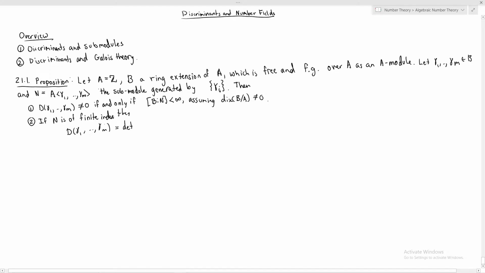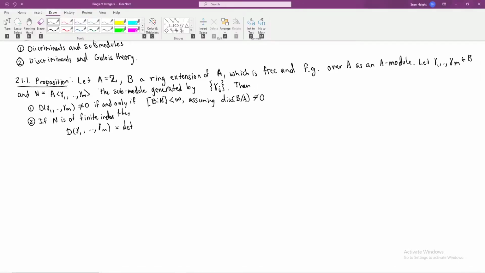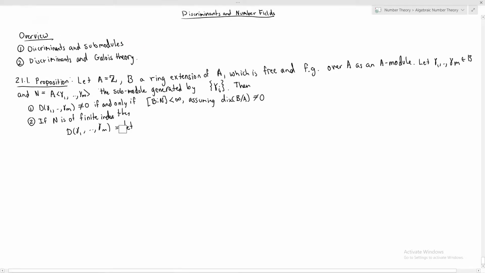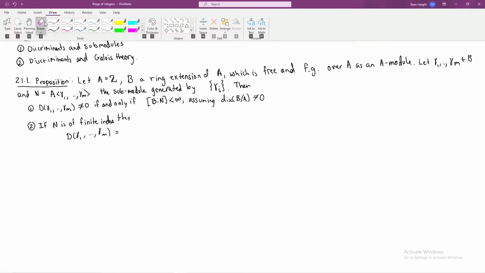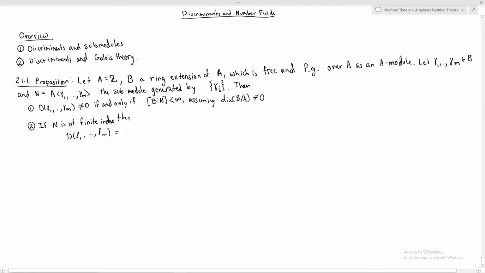If N is a finite index, then we have this relation. Not determinant, sorry. Okay. This needs to be non-zero. This needs to be the index of N in B squared times the discriminant of the extension.